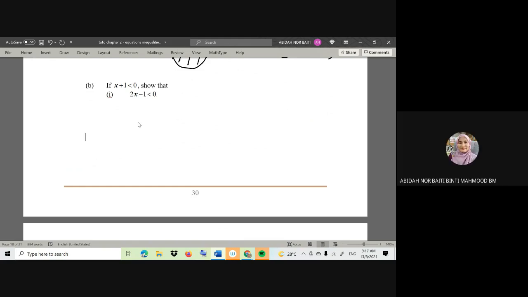Macam tu lah. Tak. Bukan macam tu, ya. Okay, kita ambil daripada sini lah. Dia kata, ni dah 0, ya. Yang penting kita nampak 0 kat belah kanan tu. Okay, so if x plus 1 less than 0, therefore x less than negative 1. Betul ya? x less than negative 1.